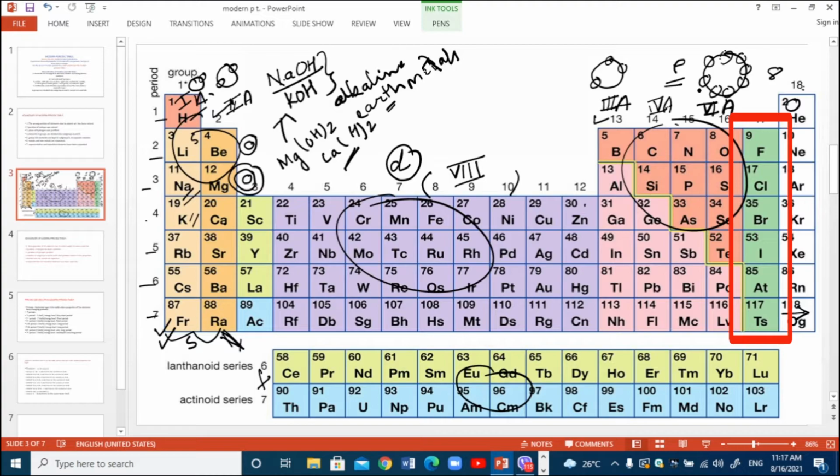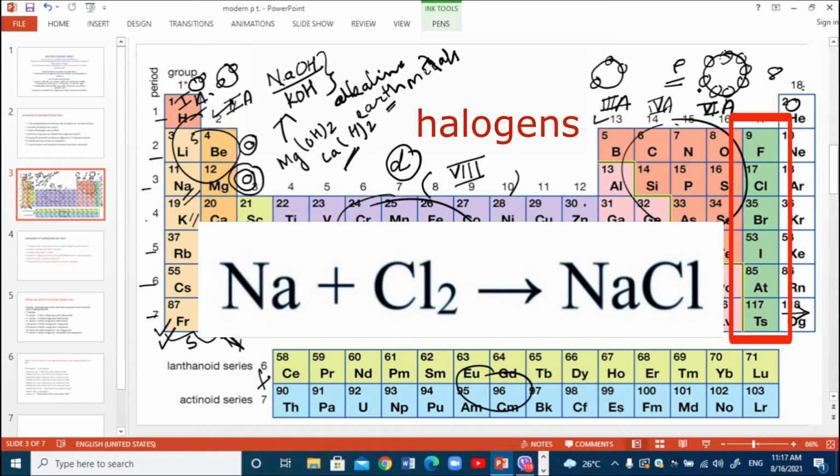This group, group 7, is important. Group 7A elements are called halogens, because these non-metals combine with group 1A elements to form salt. For example, chlorine combines with sodium to form sodium chloride, NaCl.